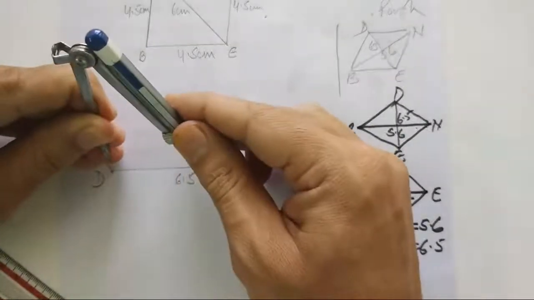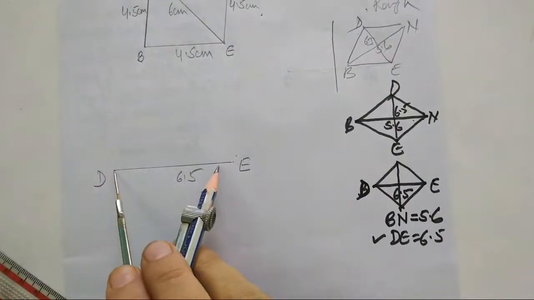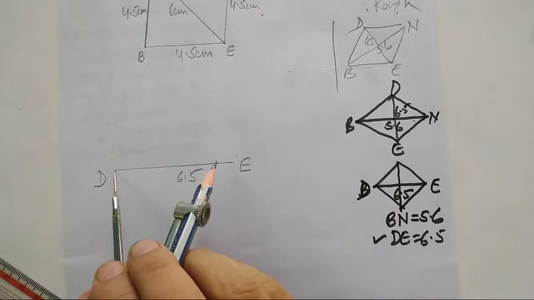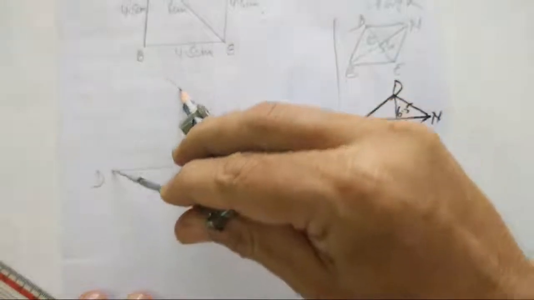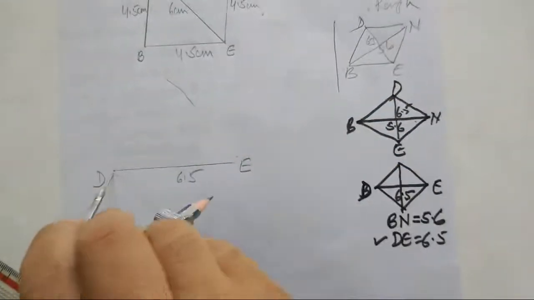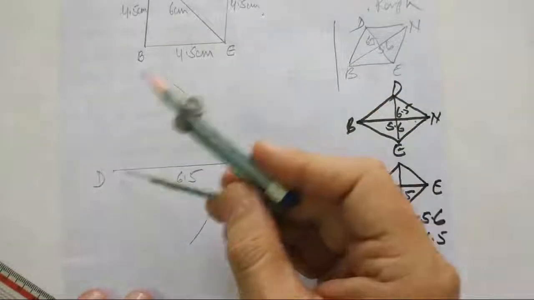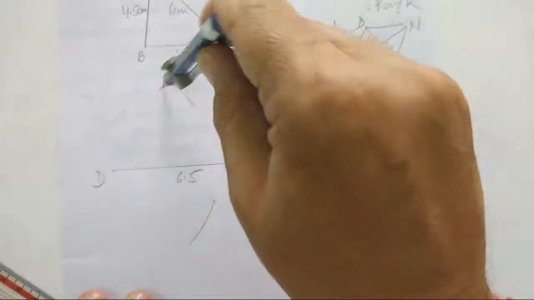So you measure using compass the length of compass less than DE. So the line is DE. So I will measure it till here and cut 2 arcs. So I have made 2 arcs, one up. This is called perpendicular bisector. Then I will put compass here and make the second bisector.